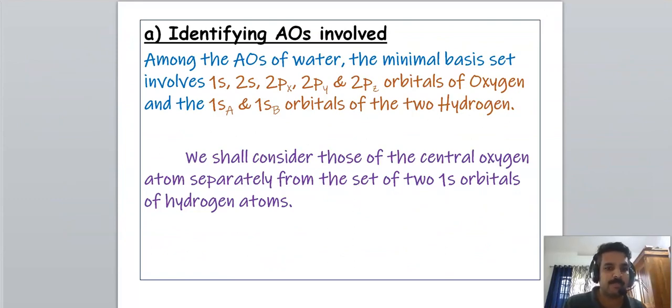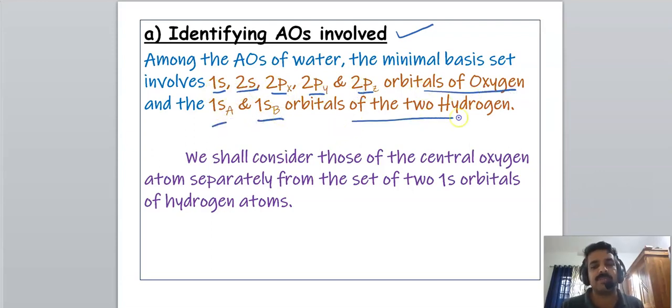And the first step in the molecular orbital treatment is identifying the atomic orbitals involved. What are the atomic orbitals involved in the combination? Among the atomic orbitals of water, the minimal basis set involves, in the case of oxygen, 1s, 2s, 2px, 2py, 2pz orbitals of oxygen, and 1sa and 1sb orbitals of the two hydrogens.